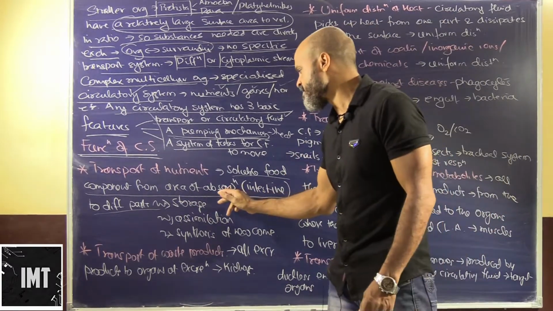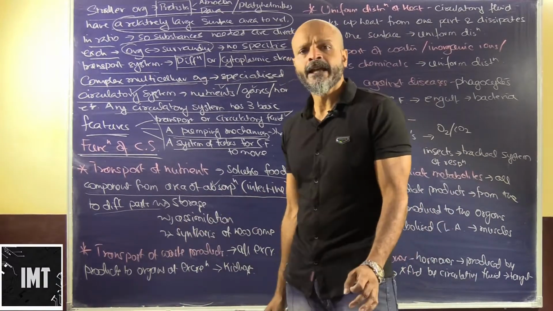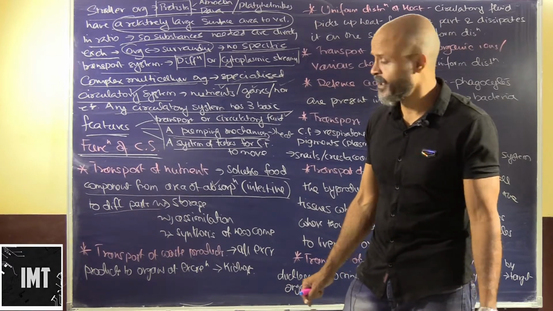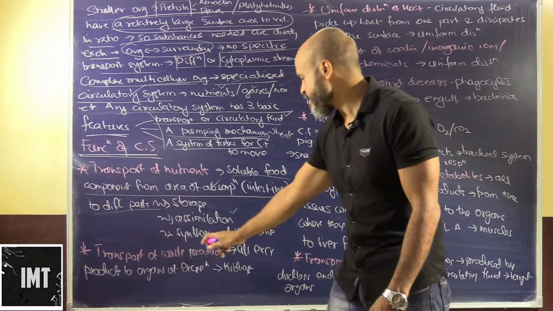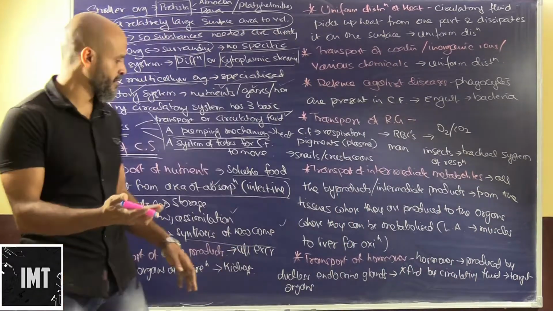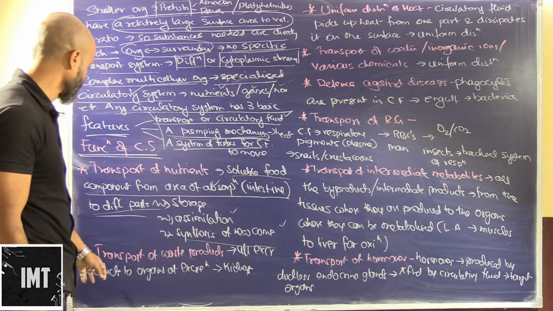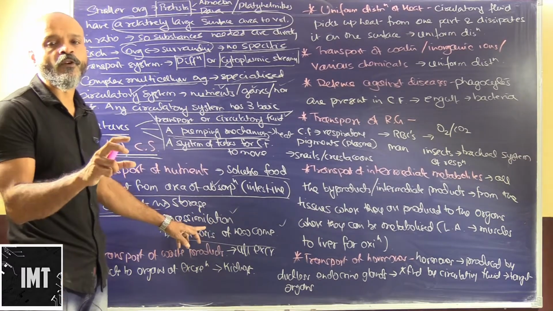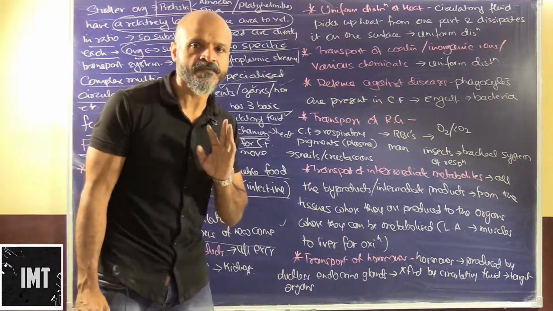So the food absorbed in the intestines is transferred to various parts of the body, where the purposes differ. In some parts it's storage, in some it's assimilation, and in some it's synthesis of new products. So the absorbed food from the intestines is transported to various parts of the body by means of circulation.